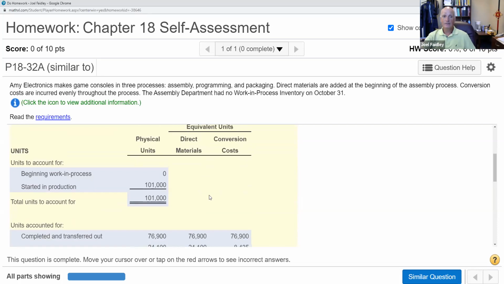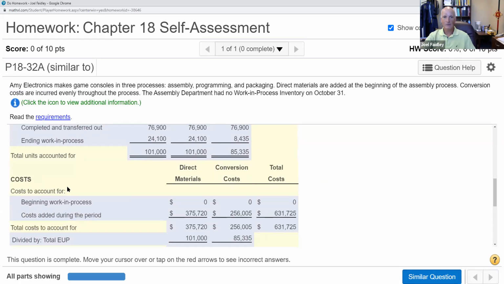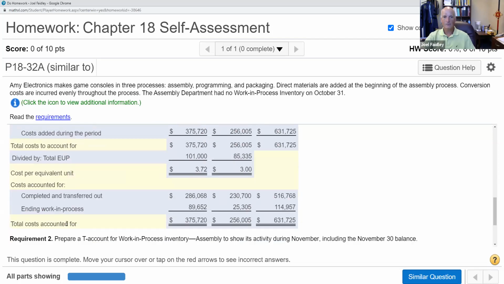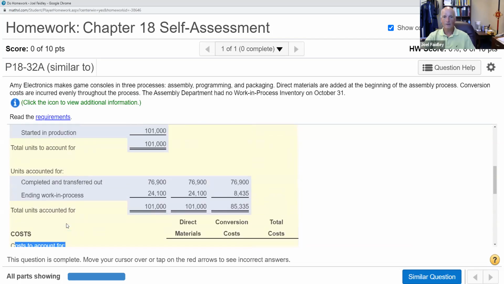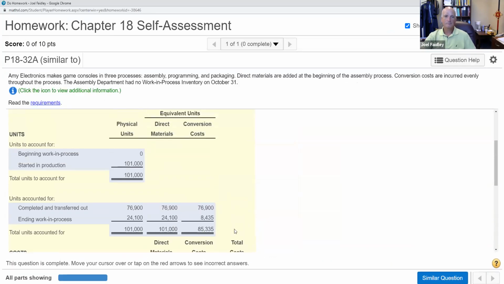So here again, looking at the way this is laid out, you can see units to account for, and then units accounted for. All right, and then it goes to cost to account for and cost accounted for. So that's part one. Hope you can still see that.